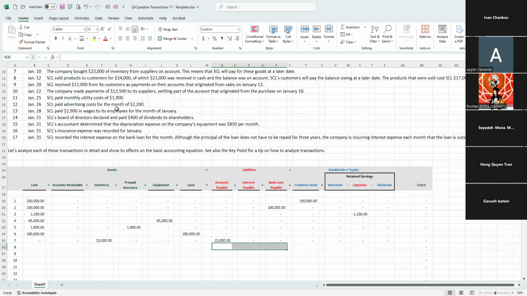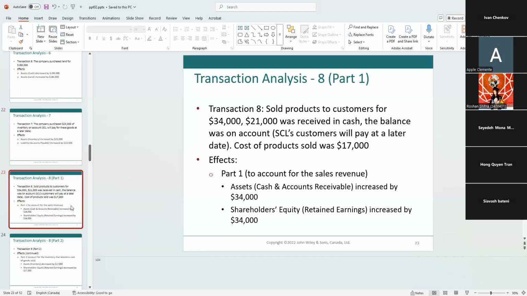All right. Let's do another transaction now. Let's stop sharing this and move to the slides. Let's go with transaction number 8. Now we sold product to customers for $34,000.